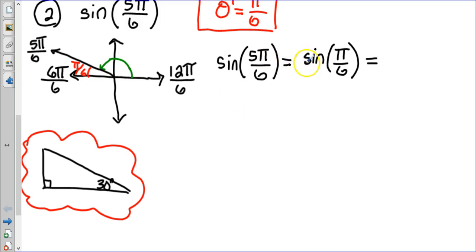Ask yourself, if I'm dealing with sine, do I care about the long side or the short side? And the answer is short side, because that's opposite 30. Sine is opposite 30. For us on the coordinate plane, that's y. From our work with our 30-60-90 triangle, I know that this is going to be a half. So that means sine of pi over 6 equals 1/2.